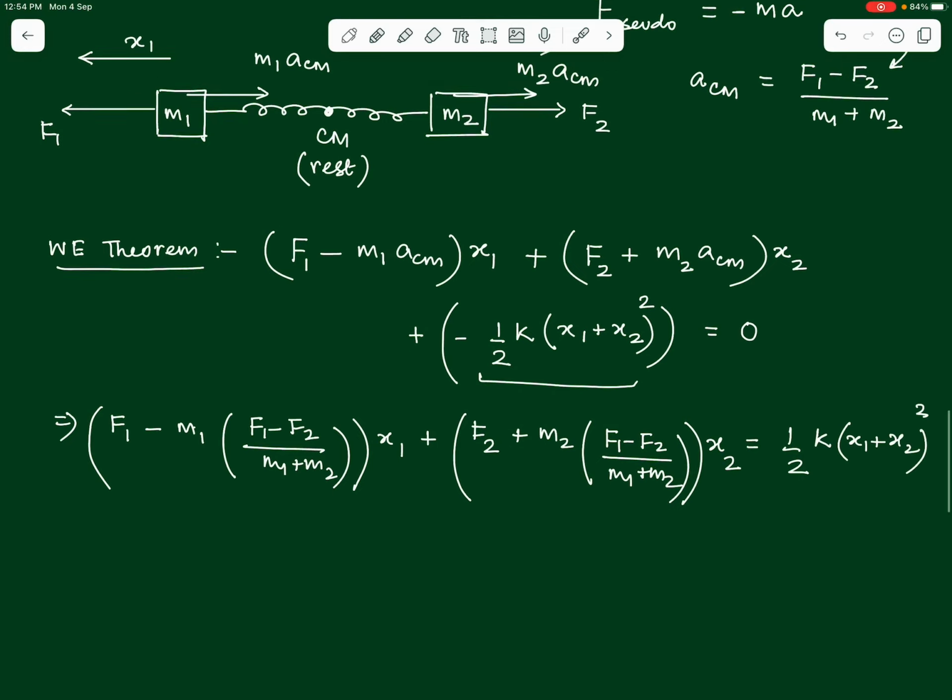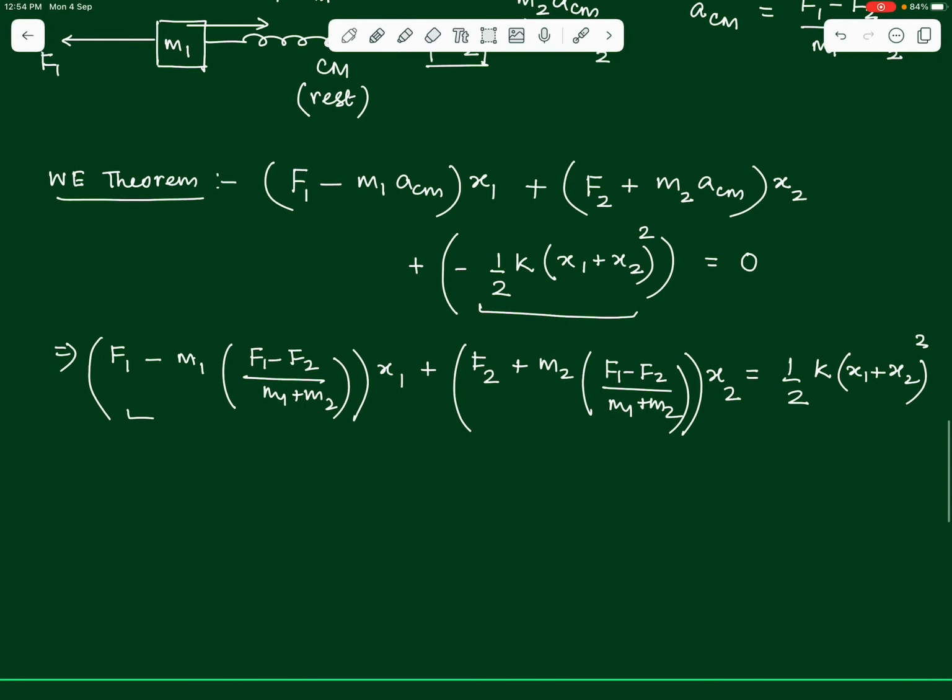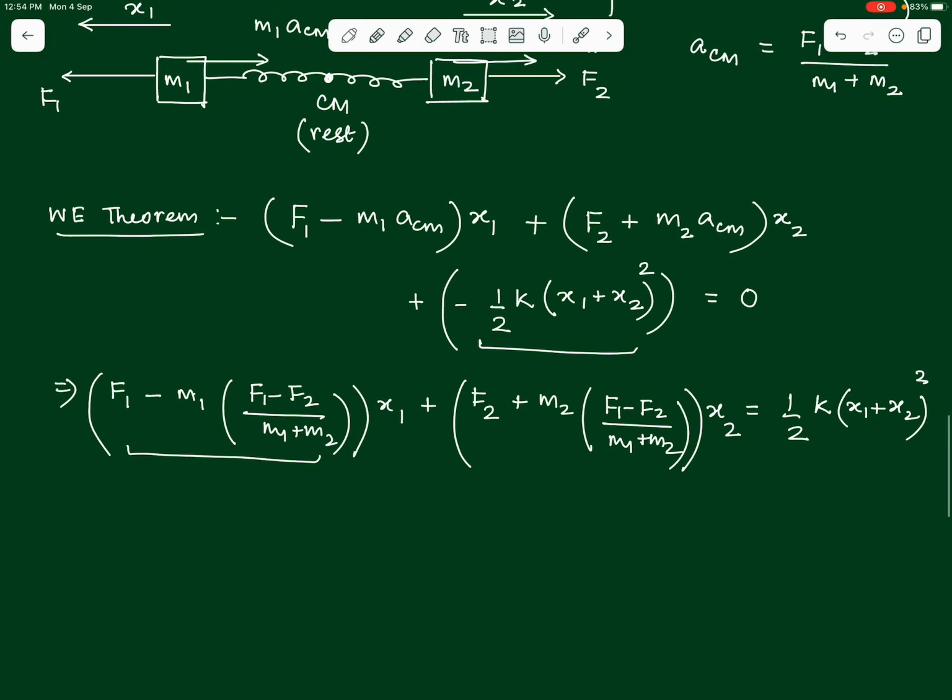Let us simplify this further. Let us open this bracket up by taking an LCM. When we take the LCM, we shall see that a few terms will cancel out. With LCM m1 plus m2, we will have F1 into m1 plus m2 minus m1 into F1 minus F2, divided by m1 plus m2, times x1.